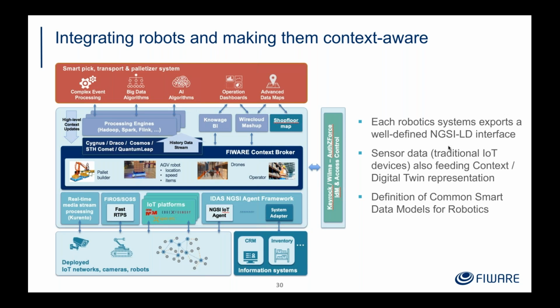What this will require, and will be part of the roadmap activities, and there are a number of projects in which we are working in that direction, is that we will define standard interfaces for certain kinds of robotic systems that could be reusable in different production lines. Think about AGV robots and robot fleet management systems.